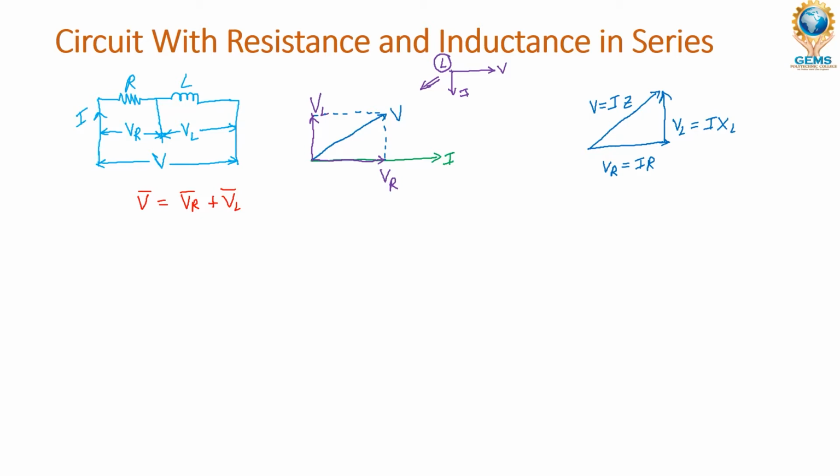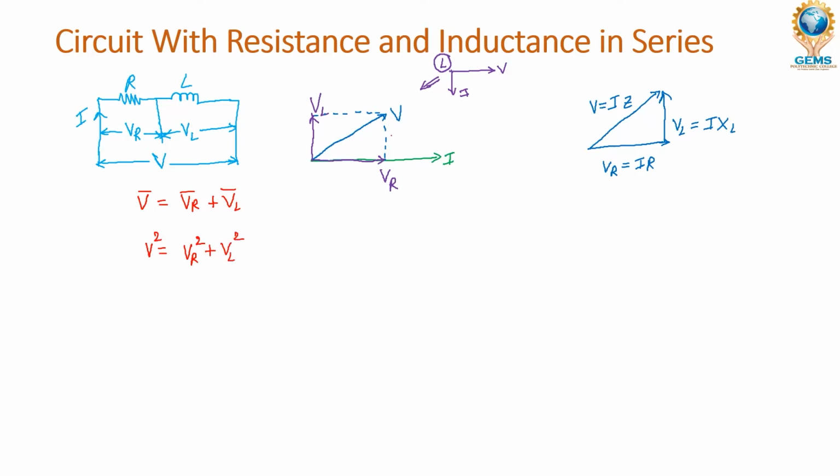This is a right angle triangle. How much is the length of this VR? Here is also the same length. This is VL, this is also the same length, that is VL. If we take this as a right angle triangle, what is the hypotenuse formula? V squared equals the sum of the squares of the other two sides, that is VR square plus VL square.